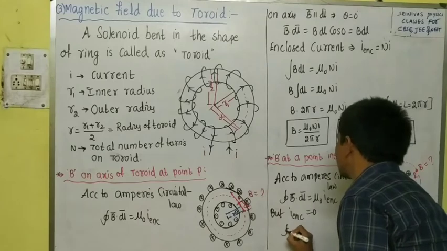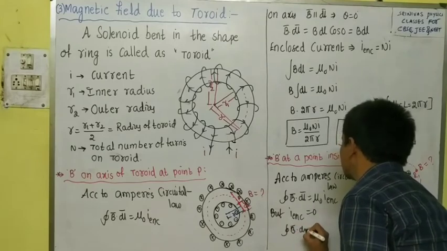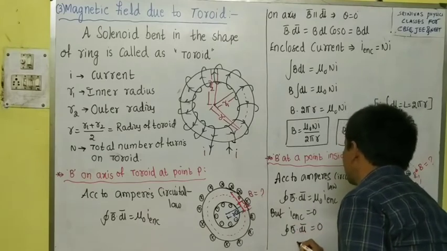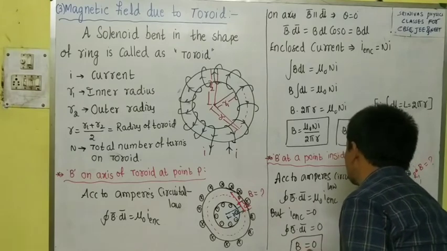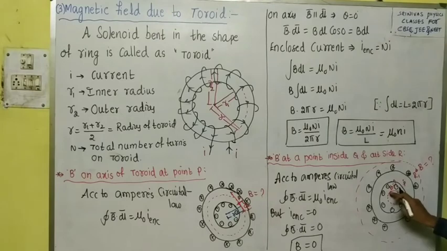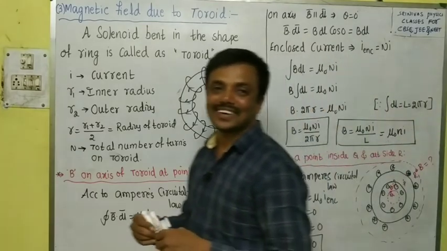That's why the integral of B dot dl is equal to 0. Then from this we get that B is equal to 0 at this point and at this point, but B at point P is mu naught N i. Okay, this is about the toroid.